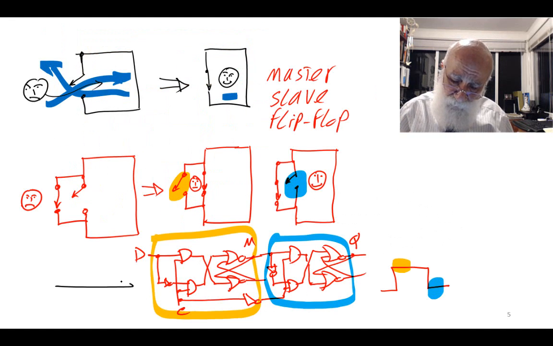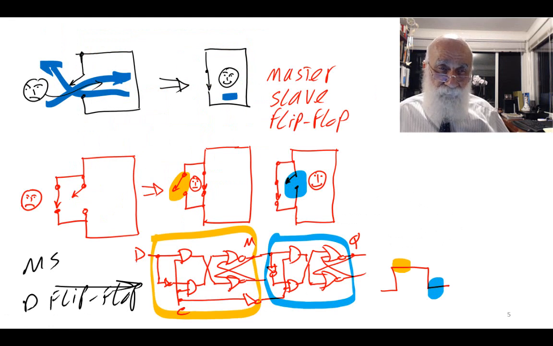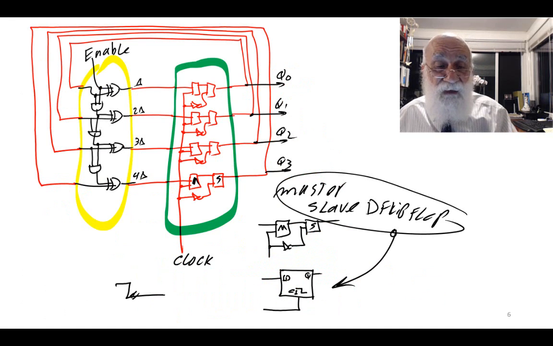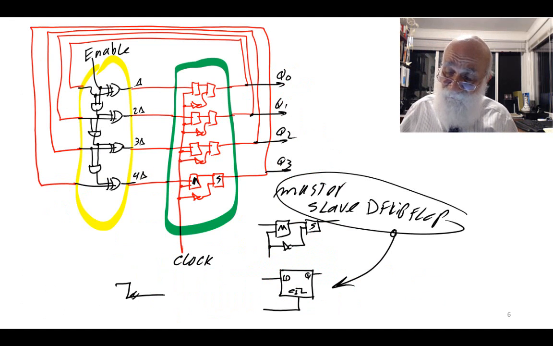This is the structure, or master slave D flip-flop. All right. Very good. And I want to do a few more structures before we finish this.